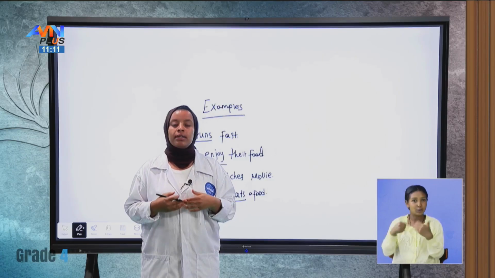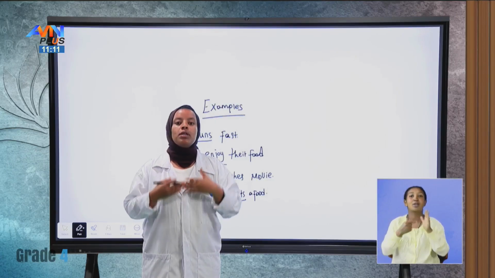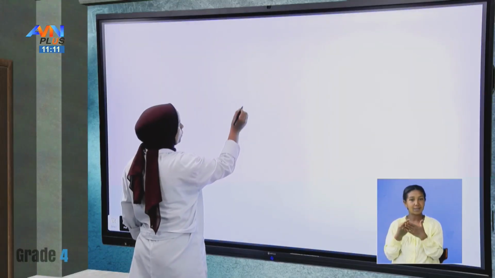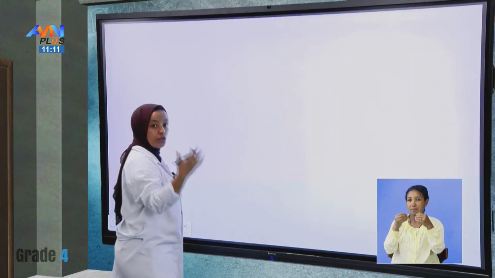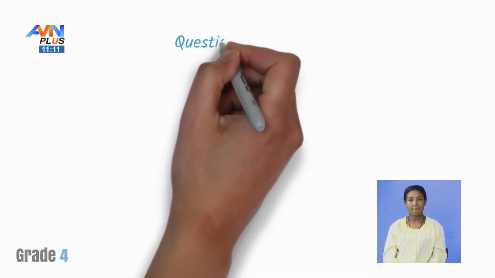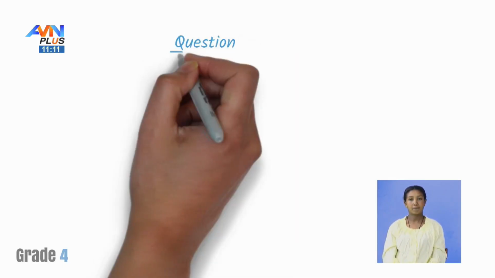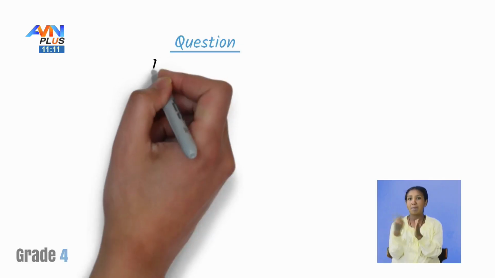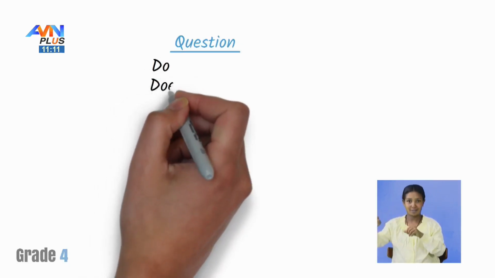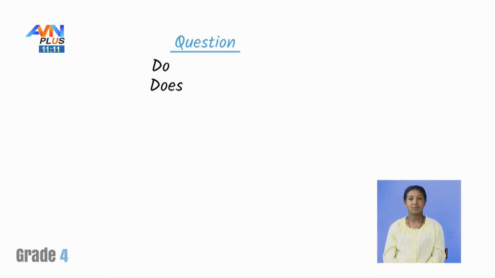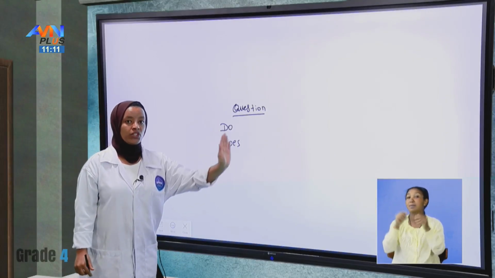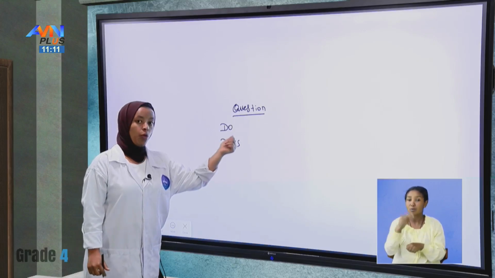So students, let us keep going and let me show you some grammar rules also. Here we can make simple present tense as a question. Here is the rule using do and does. We can ask a question in simple present tense by using do and does.